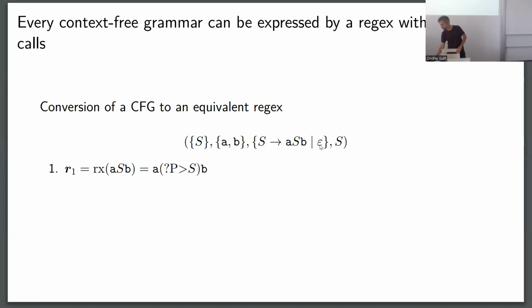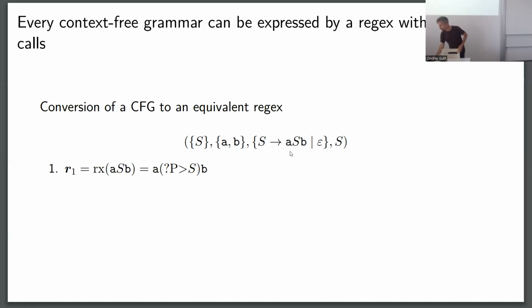The empty string is just the empty string in the regular expression. You might not have seen any empty string symbol in some real world tool. It's because the empty string is expressed just by nothing, so there's no special symbol. Here I use epsilon just to show that there is something, but this epsilon means nothing written in the literal. So we convert the empty string to the empty string.